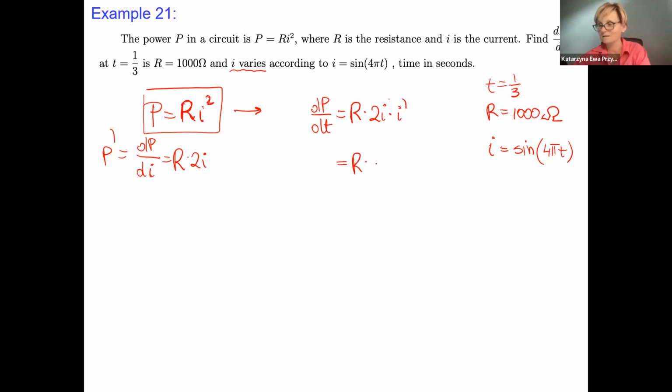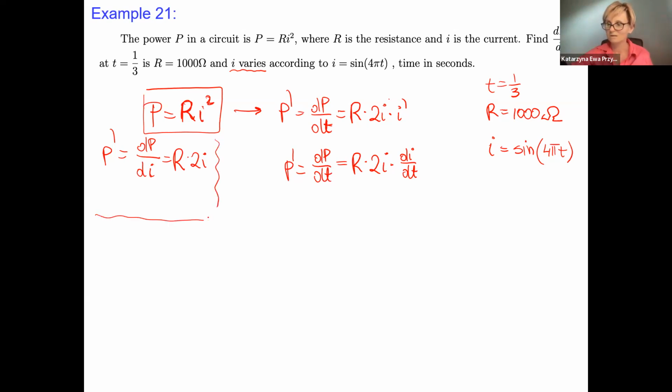But let me give a little bit more detail. I prime means the derivative of I with respect to time, because we are differentiating with respect to time. I can also say P prime, but again, prime is not a detailed notation. And we can see this is the chain rule.